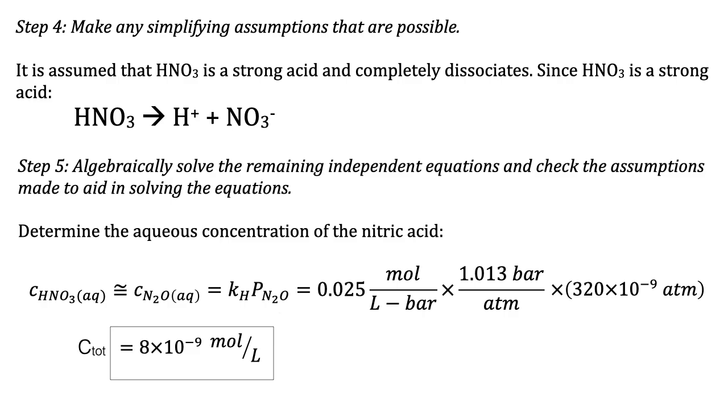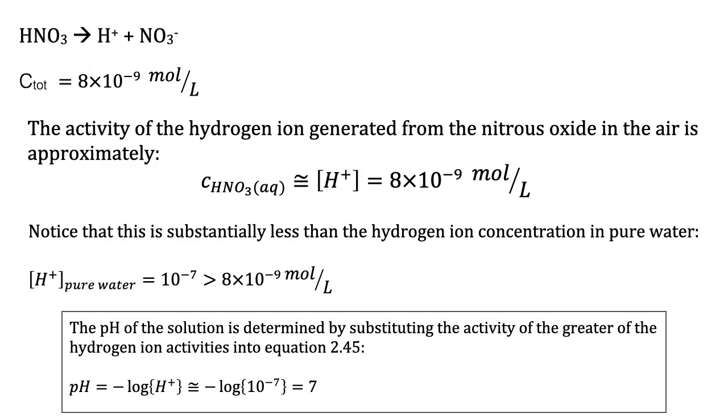Multiplying this out gives us a concentration of the acid of 8 times 10 to the minus 9 moles per liter. Note then that, as we had previously, the total concentration is 8 times 10 to the minus 9. Since that must equal the negative ion concentration of the nitrate in solution, that would be the approximate amount of hydrogen that we would have added to the solution, 8 times 10 to the minus 9.